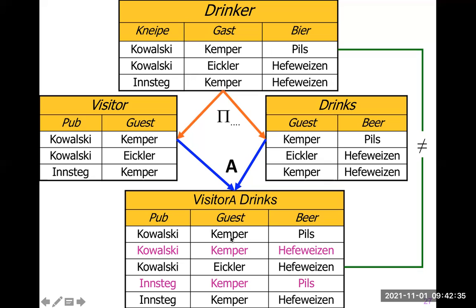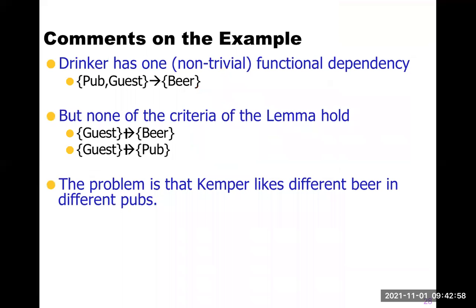And here we see Kemper drinks this there and that there, and that's not the fact. The fact is, Kemper drinks Pils in here and Hefeweizen in there. So what is lost is not records, but our knowledge.